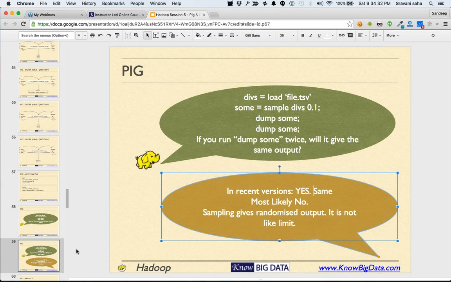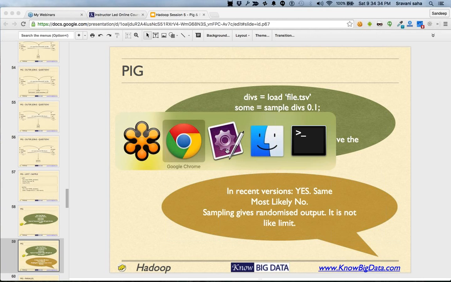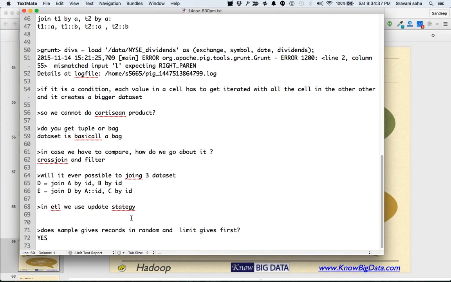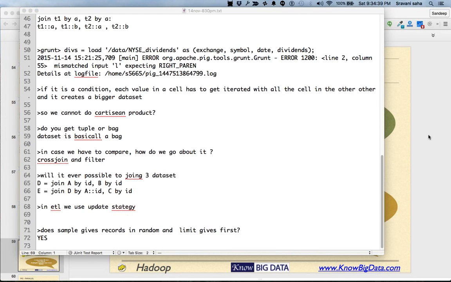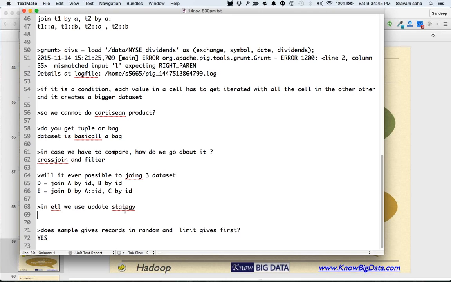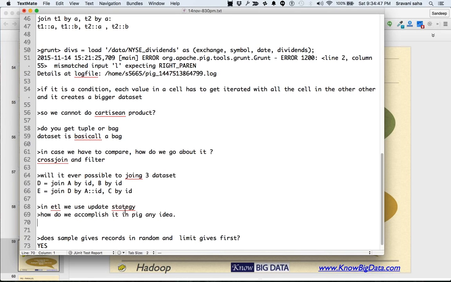All right. Now there were a few questions which I have skipped. One was from long back from Naveen. In ETL, we use update strategy. I need to understand more about update strategy, and I can definitely help you with this. Okay.